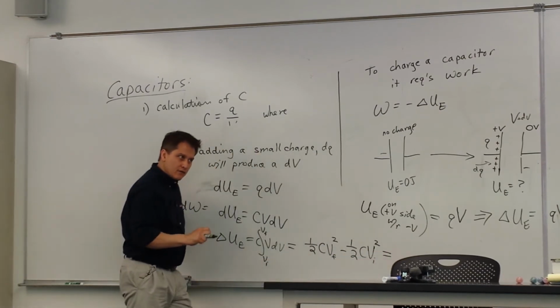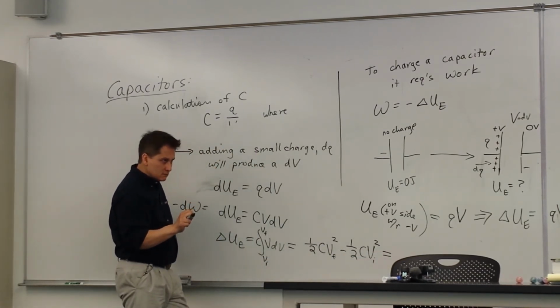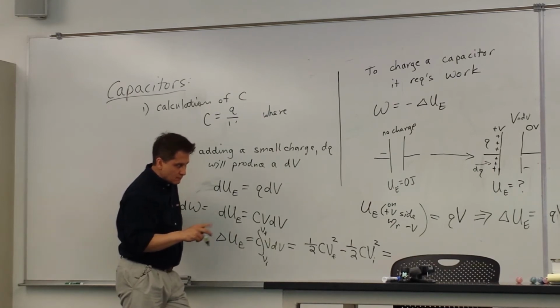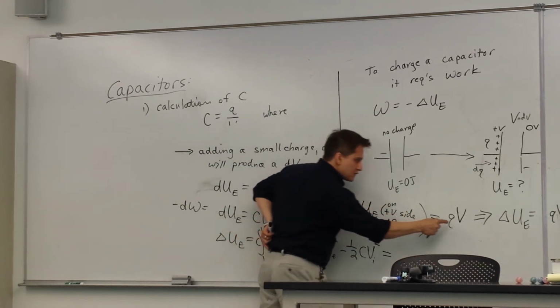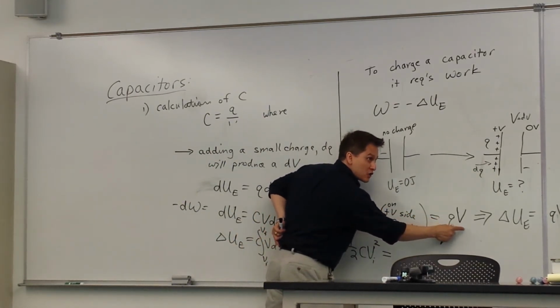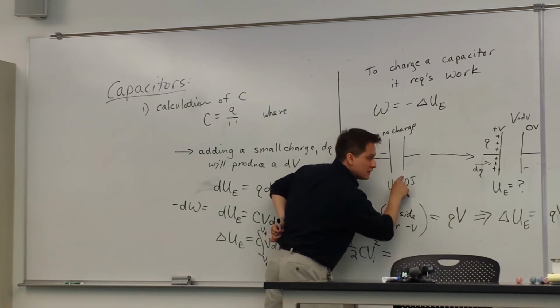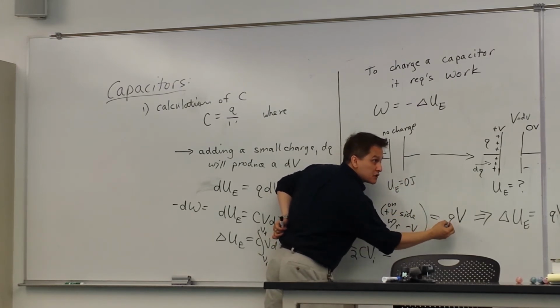Look at this very, very carefully. It tells us something about what this voltage is as that charge has been added. It's not the final voltage between here and here. It's half the voltage.